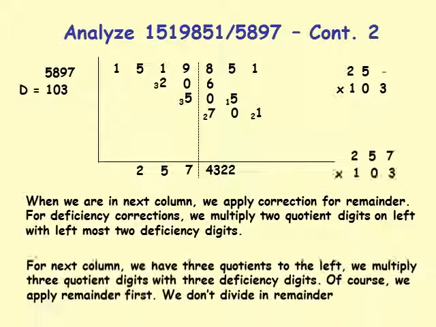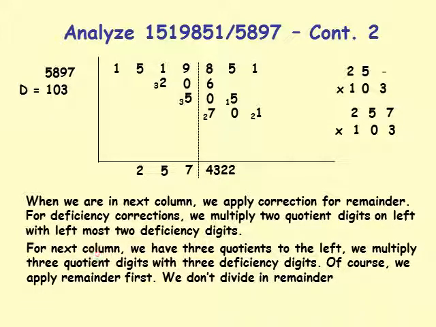Let's continue. For the next column, we have 3 quotient digits to the left. When I come in this column here, there are 3 quotient digits to the left, 2, 5, and a 7. And we apply the remainder first. And we don't divide in the remainder sections.